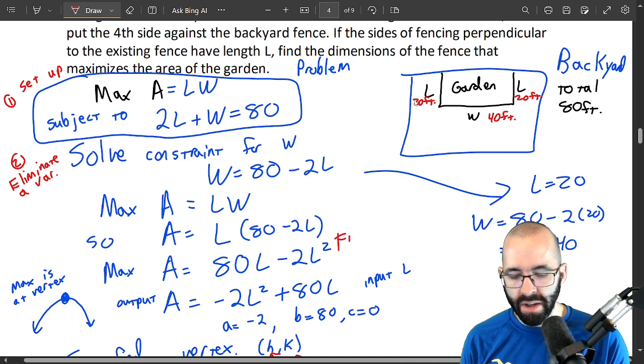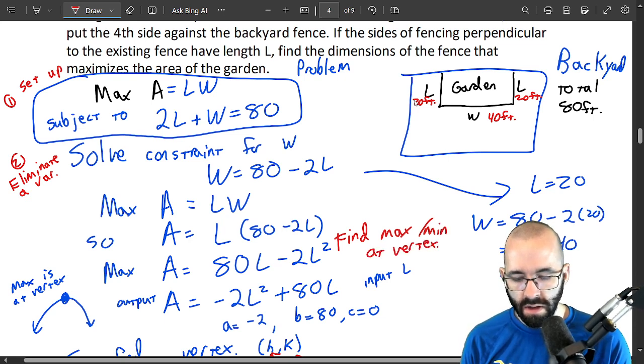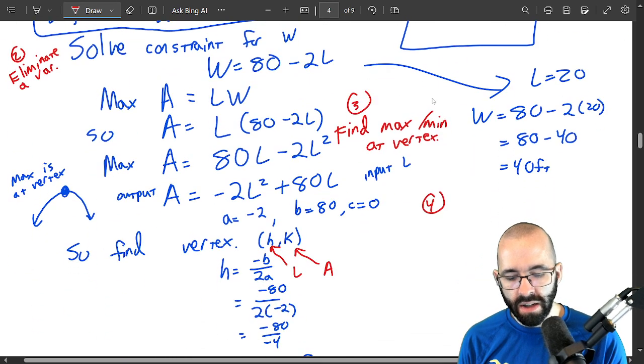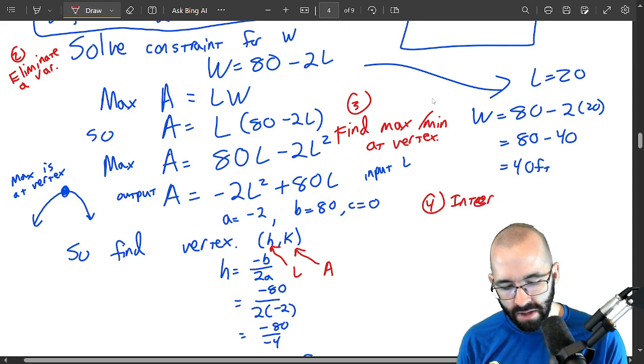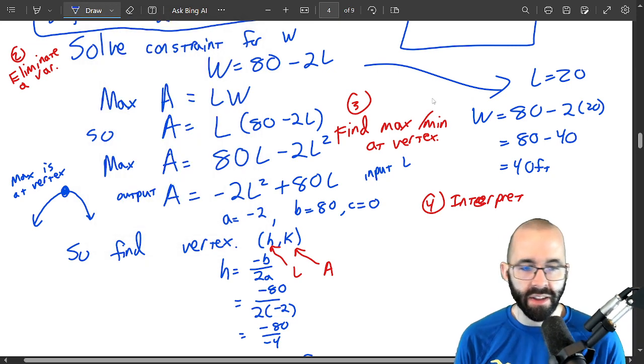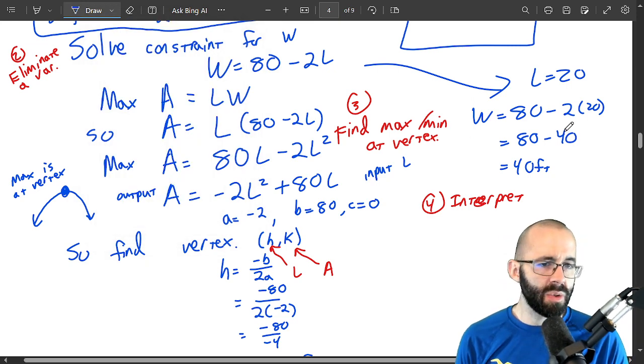And then find max or min at the vertex. And our last step is going to be interpret. I can't spell. Well, let's do that and be done with this problem and move on to the next one. It would be more applicable to us.